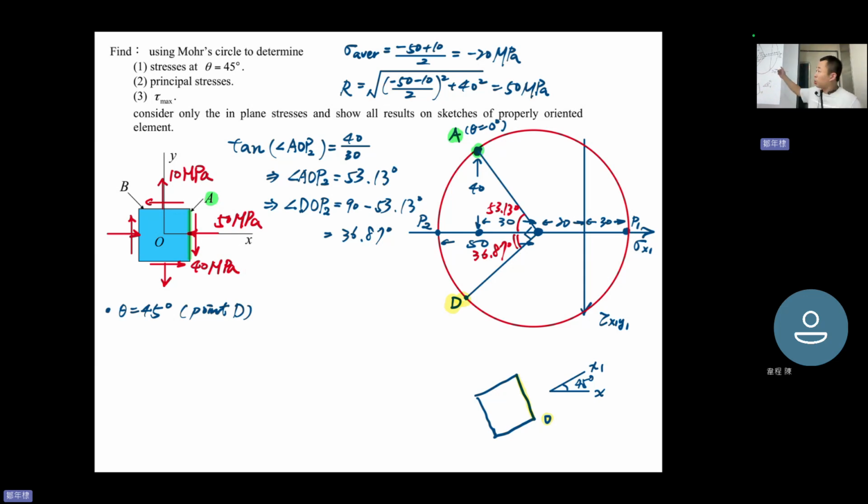And in a circle, we counterclockwise 90 degree. So what is the value of it?